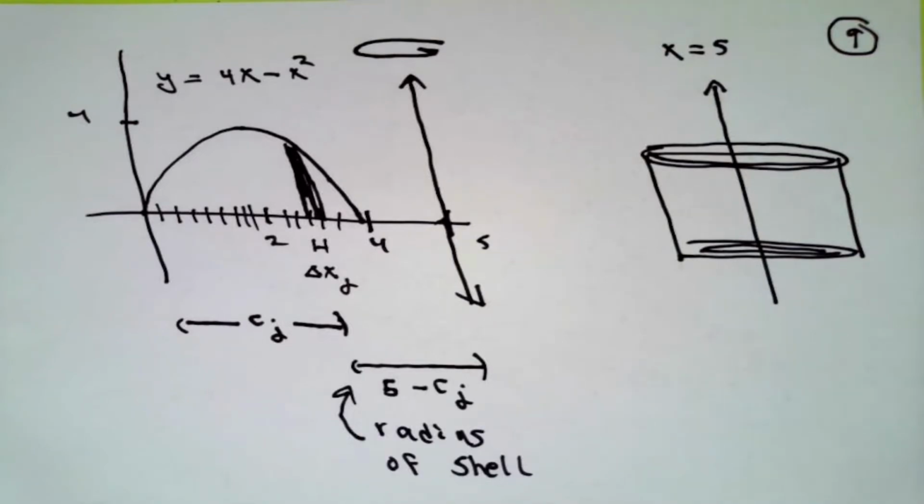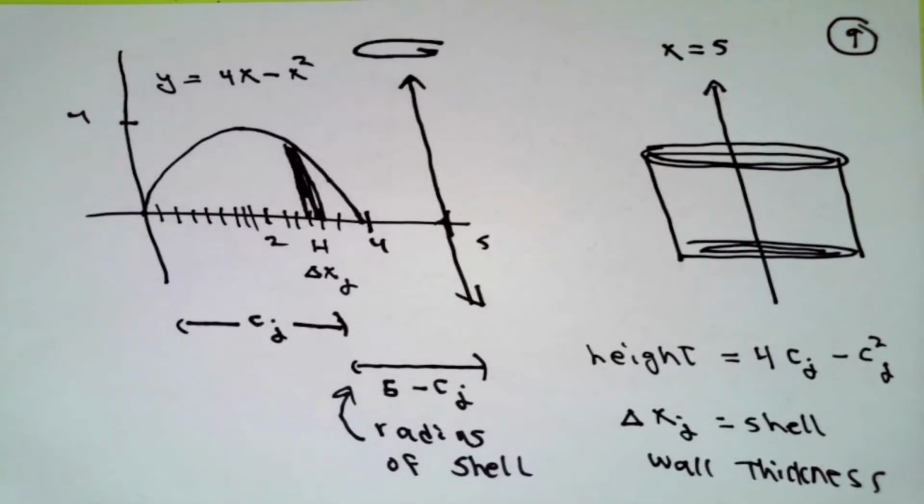The vertical strip, in this particular case, goes all the way from y equals 0 up to the y-coordinate on the graph of the parabola that goes with my representative x value, cj. Since y is 4x minus x squared, the height of my shell is just going to be that quantity evaluated at x equals cj.